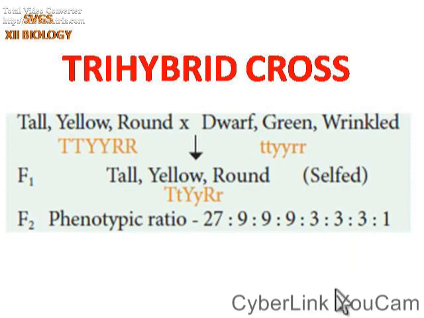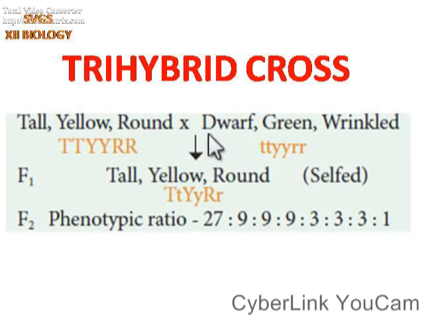Moving on to the trihybrid cross, he has taken three different characteristics for his studies. So he has taken a tall, yellow and round pea plant, and the contrasting characters of these three: instead of tall he has taken dwarf, instead of yellow he has taken green, instead of round he has taken wrinkled.